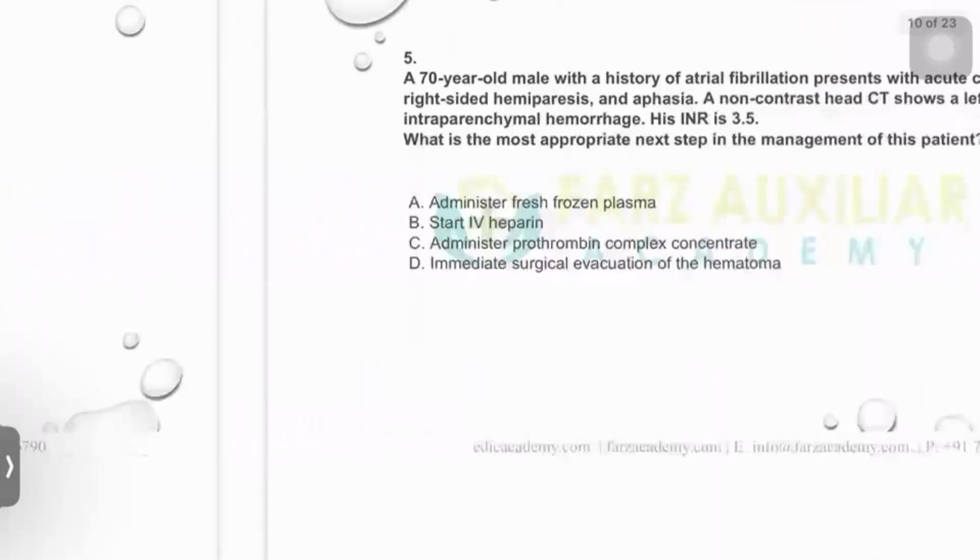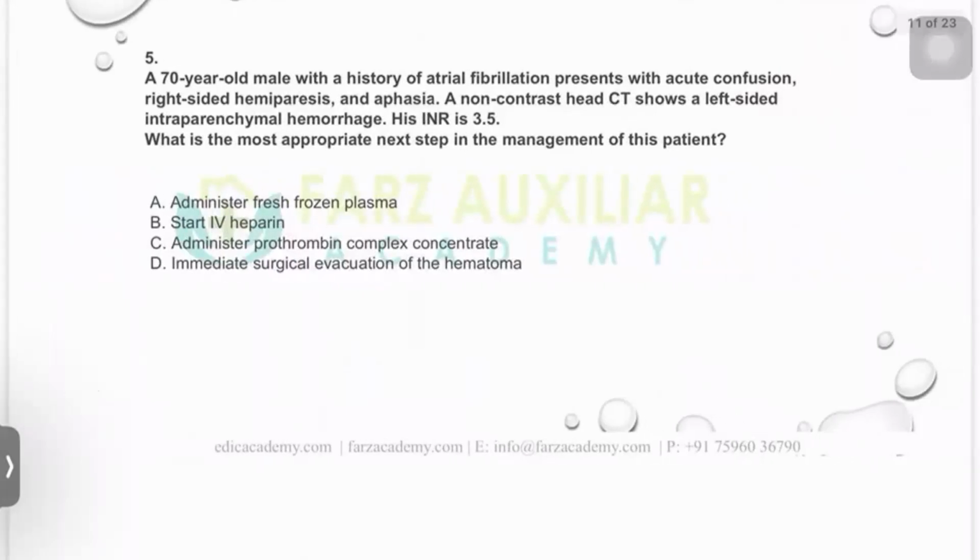Yeah. A 70-year-old male, history of atrial fibrillation, comes with acute confusion, right-sided weakness and aphasia. A non-contrast head CT shows a left-sided ICH. INR is 3.5, because most likely this patient will be on acenocoumarol or warfarin for atrial fibrillation.